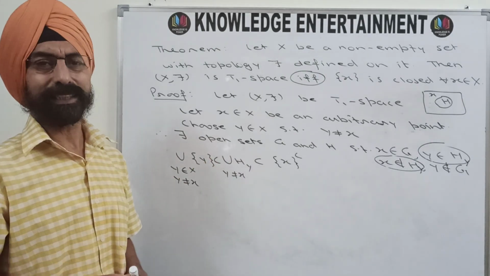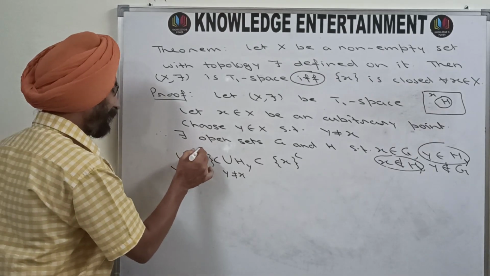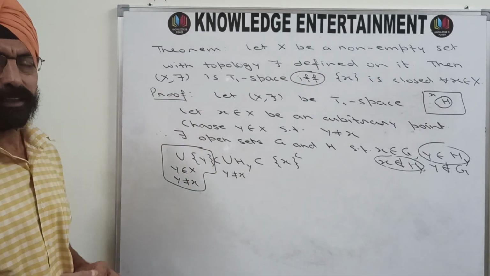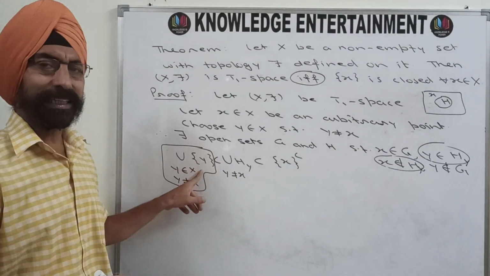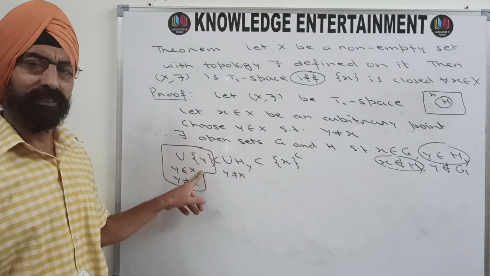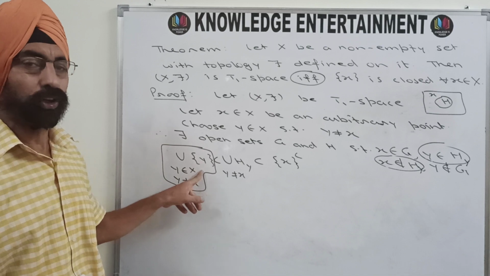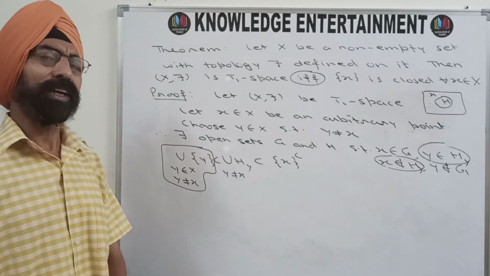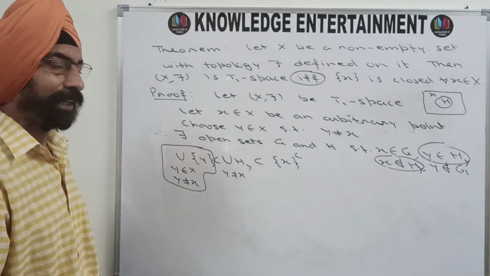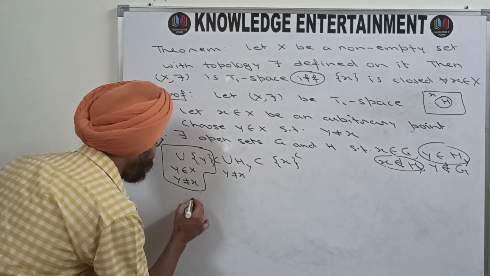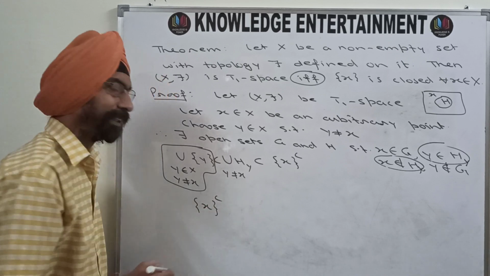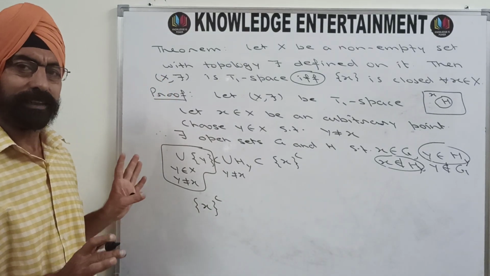So what is this set? This set contains every element but not X. And if a set contains every element but not X, then necessarily the set is the complement of the singleton set X. Is it clear, I think?